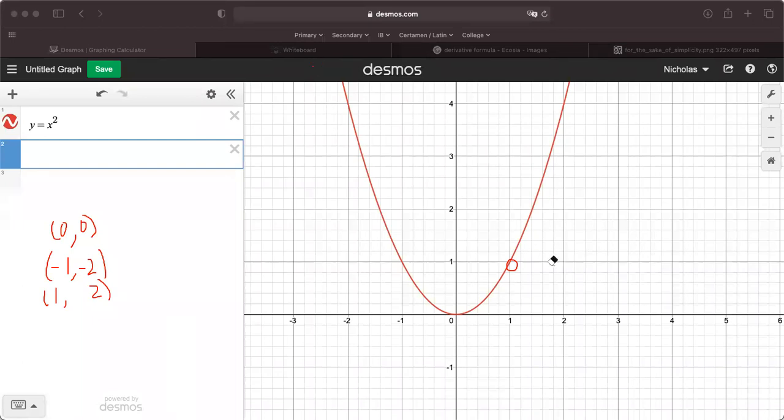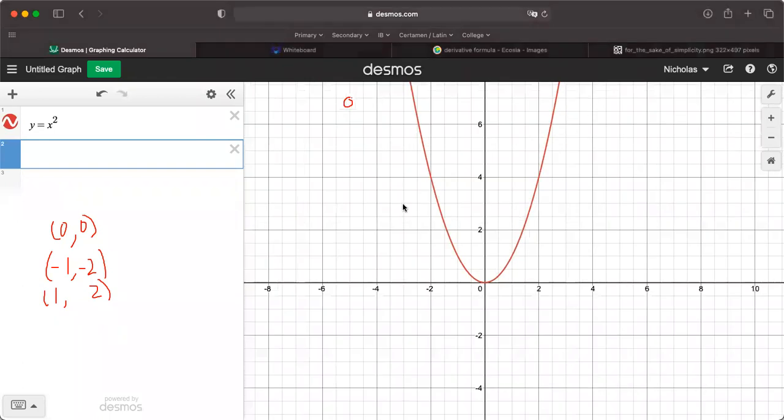So let's take the point -2 now. So actually, -2 is all the way up here. And then we draw the tangent line to this. Let me zoom out quickly. Yeah, there we go. So -2, 4. We draw the tangent line to that.